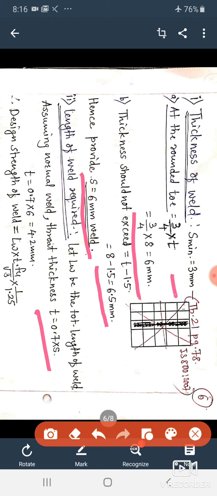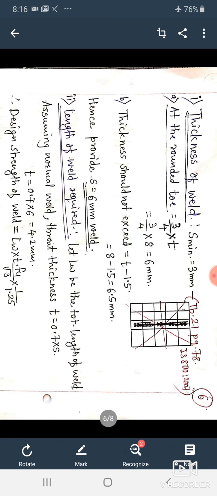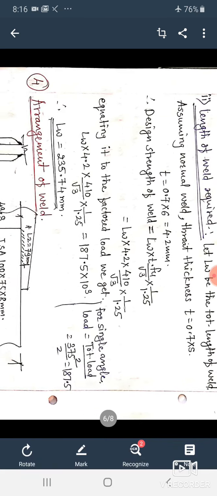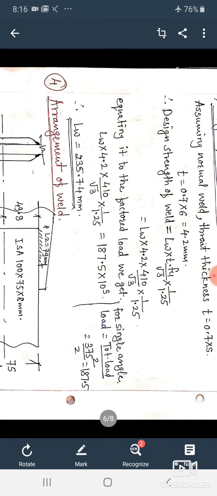Therefore t equals 0.7 into 6, that is 4.2 mm. The formula to find the design strength of weld is Lw into t into fu upon root 3, into 1 upon 1.25. So substitute all the values. Fu is 410.